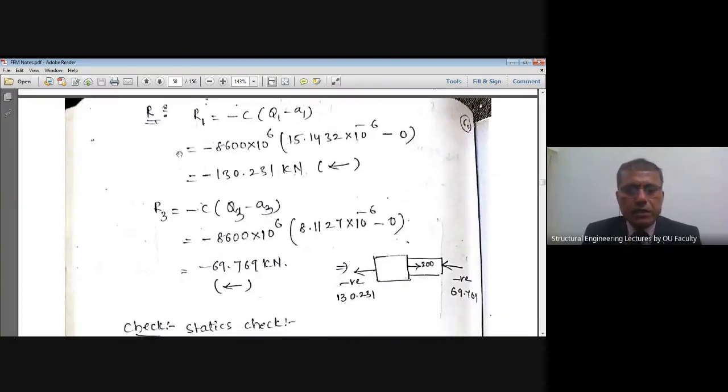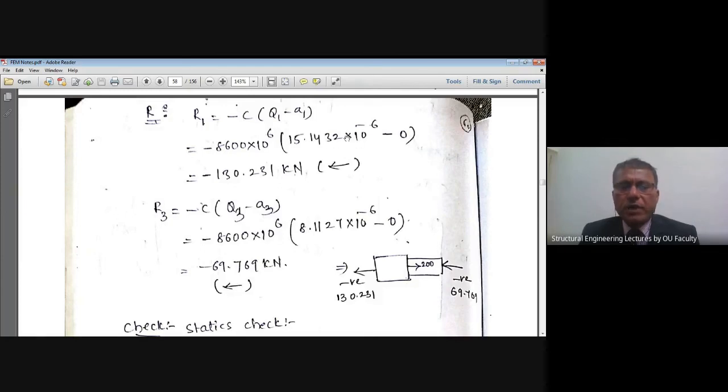Then finally, I'll get the reactions along the specified boundary conditions. Reaction 1 is equal to minus C multiplied by Q1 minus A1, but I got Q1 as a very small value, minus the actual value from the boundary. That boundary is a rigid boundary, hence it won't yield an actual value. But I got from FEM this approximate solution Q1 equal to 15.143 times 10 to the power minus 6, which is approximately equal to 0, but don't say 0.